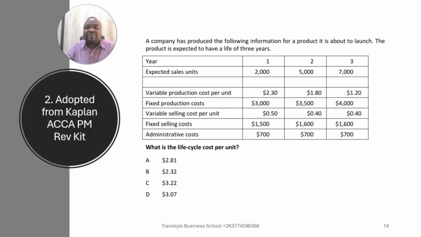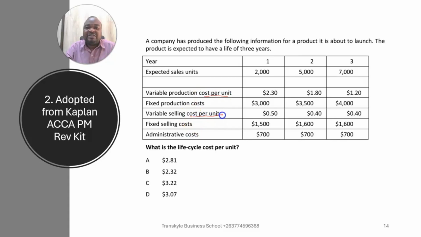Variable production cost per unit $2.30, $8, $20. Fixed production costs. So usually the entries that require adjustments are those ones which are saying per unit.